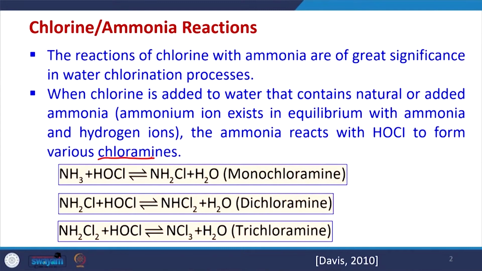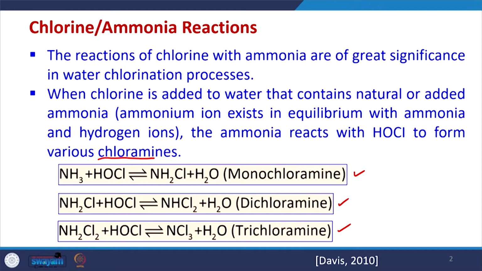In this way different types of chloramines get formed, may be monochloramine, dichloramine, trichloramine, depending upon the amount of ammonia present and the amount of HOCl which has been added. These chloramines have odor and also use up the chlorine which has been added. This way the amount of chlorine actually available for disinfection becomes less. So, it is very important to understand this chlorine ammonia reaction.